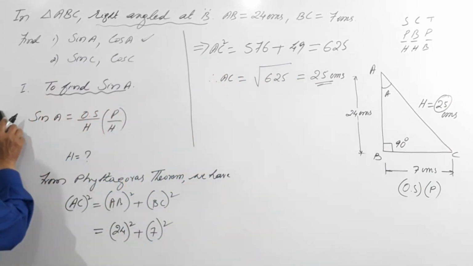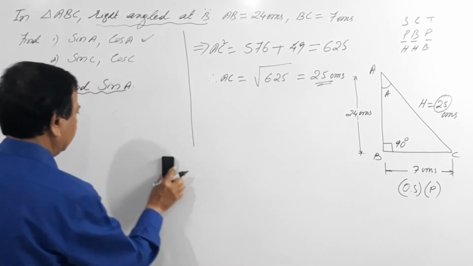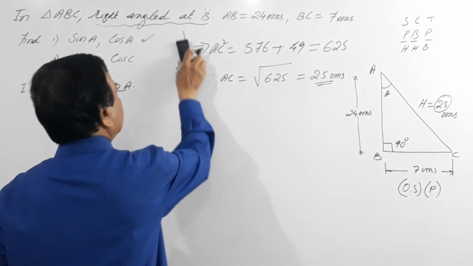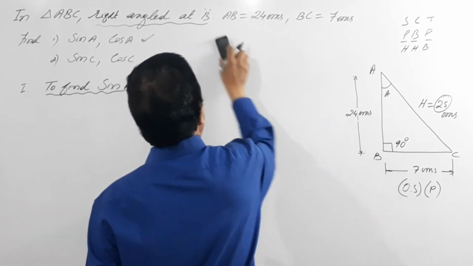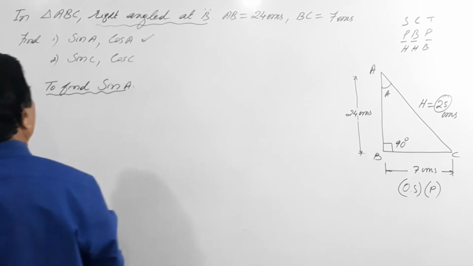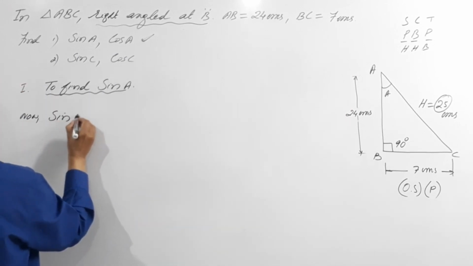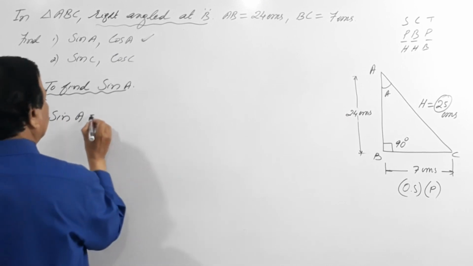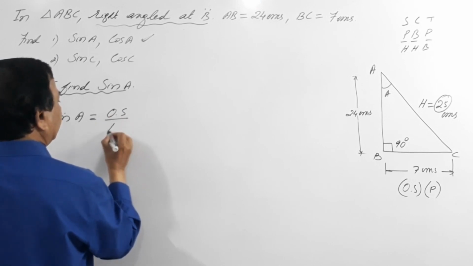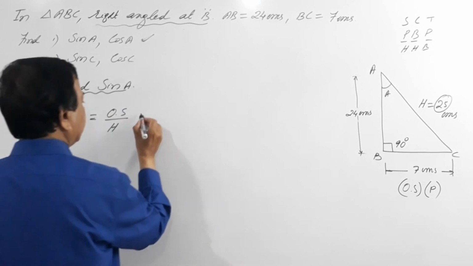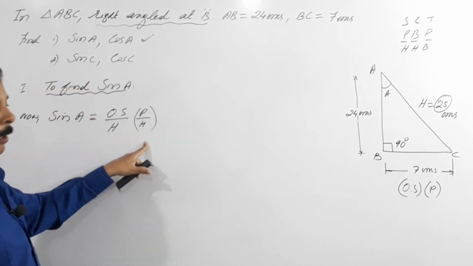We will erase all this. So now sin A equals opposite side by hypotenuse, that is perpendicular height by hypotenuse.